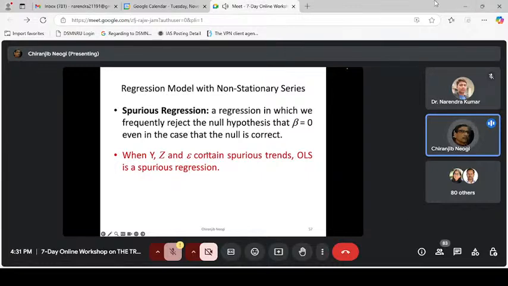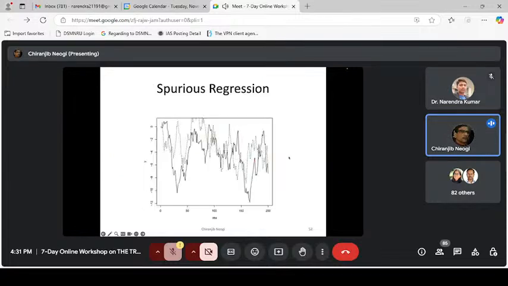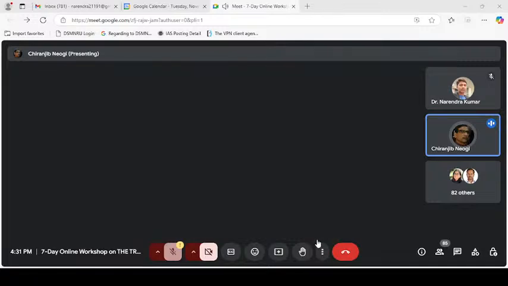So if these are all non-stationary, Y and Z are non-stationary. Suppose these are the two series, say dotted line and the bold line. From these two series we can have some regression analysis.